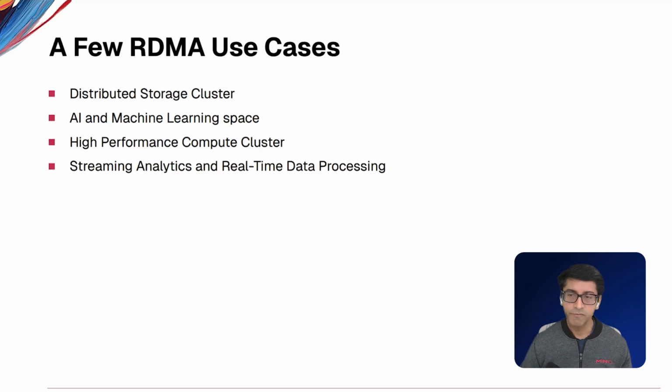So let's go through a few RDMA use cases. These are certain spaces in which you might want to use it, especially in distributed storage clusters. MinIO is also one of them, where it could leverage RDMA to move data across multiple nodes. It could also be used for replication purposes, such as the site-to-site replication, active replication that we have in MinIO, for instance.